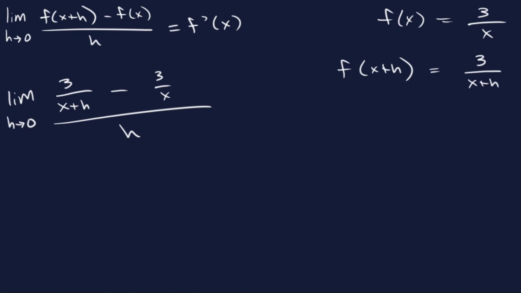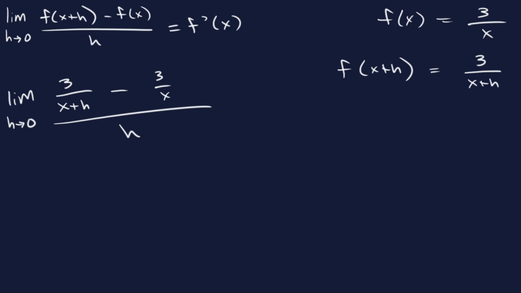So how we're going to do this is, in order to add and subtract fractions, we need to get a common denominator. The easiest way to think about the common denominator between x and x plus h is that we need to multiply one denominator by the other term in order to make it common. So really, the common denominator between both of these would be x times x plus h. So that's what I'm going to do.